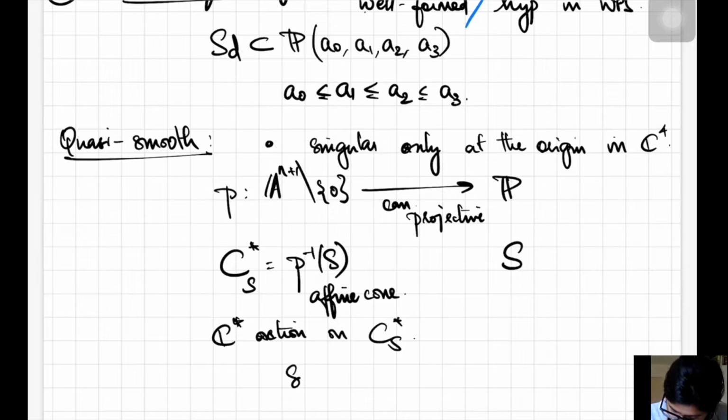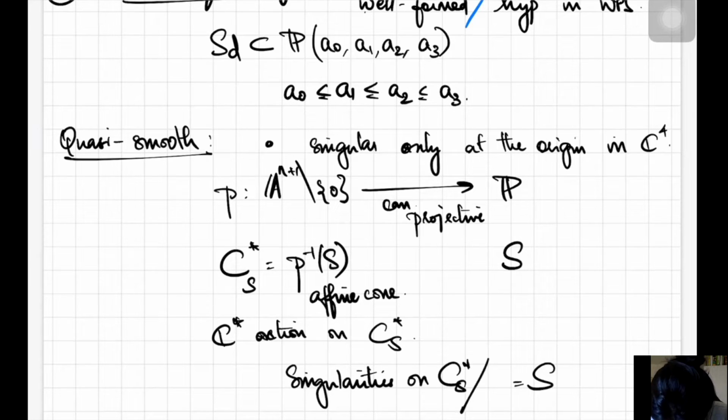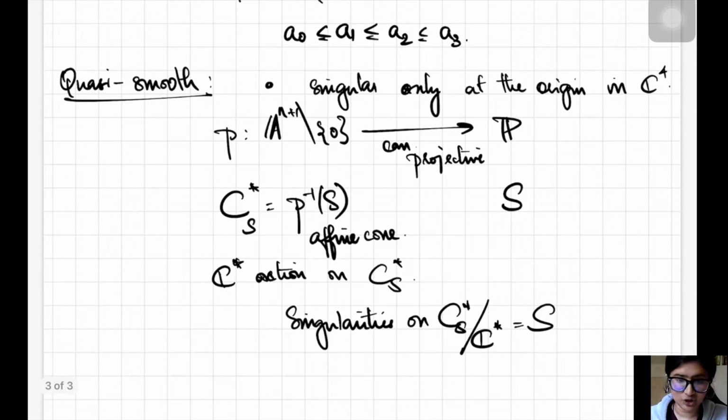And so the singularities: when you look at your surface S, this is nothing but the quotient of the affine cone by your action, because you're projectivizing it.